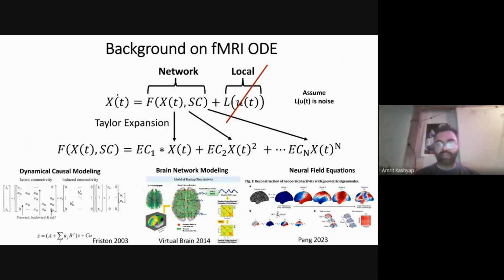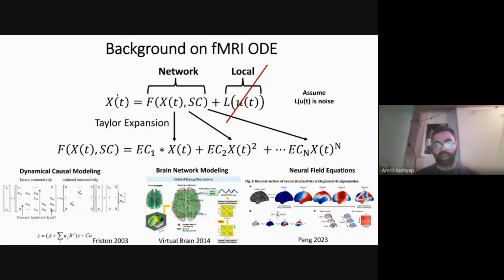So instead of these two approaches, we are using much more of a DCM approach, where we learn the connectivity and learn the equation directly from the data.